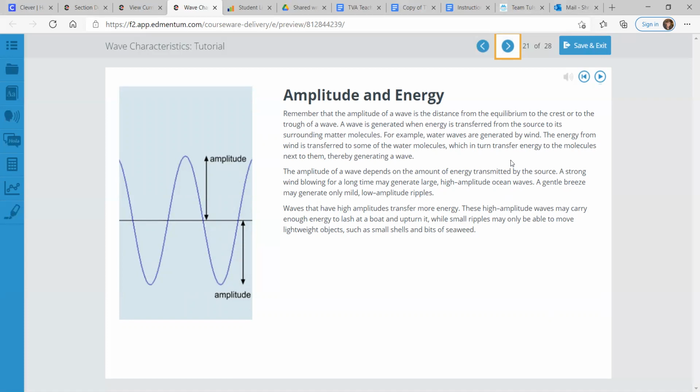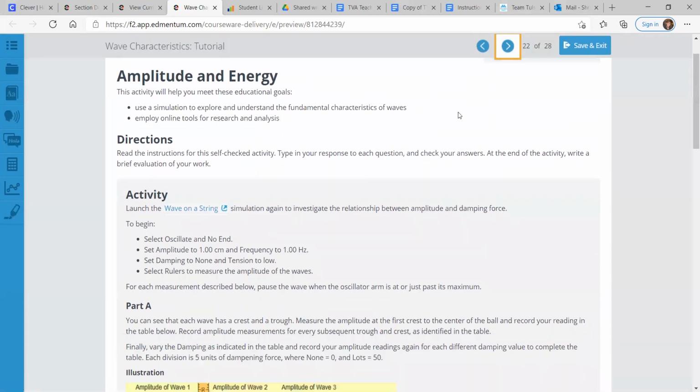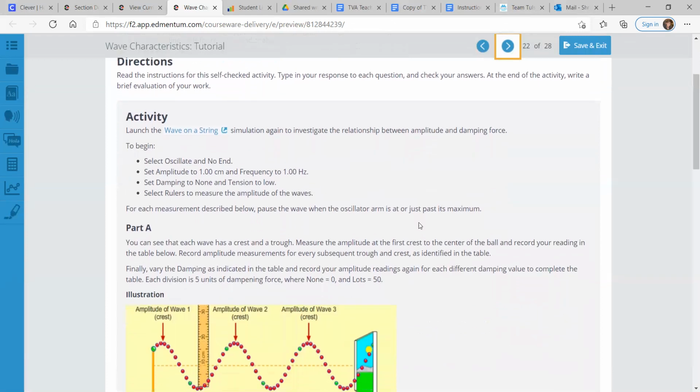Waves that have high amplitudes, so the higher the waves, transfer more energy. High amplitude waves may carry enough energy to lash at a boat and turn it over, while small ripples may only be able to move lightweight objects like shells or seaweed. And then it brings you back again to an activity.